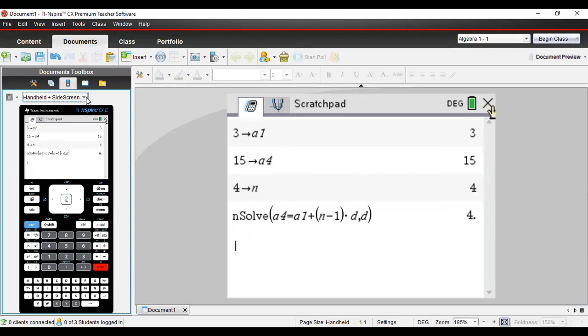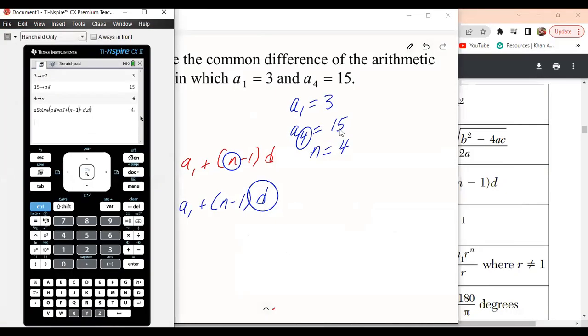So that's our answer. So if we go back, you would say that the common difference is equal to 4.